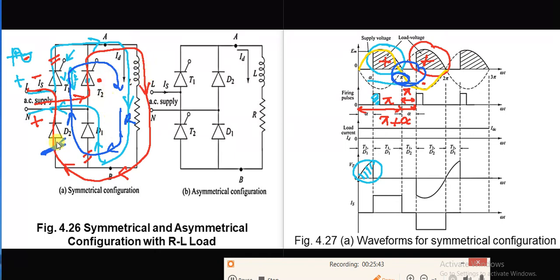But as this D2 is in parallel with this inductor, the freewheeling action will take place and the current will continue to flow through R, through D2, and it will continue to flow from T1 and back to the inductor till the time duration alpha plus pi.